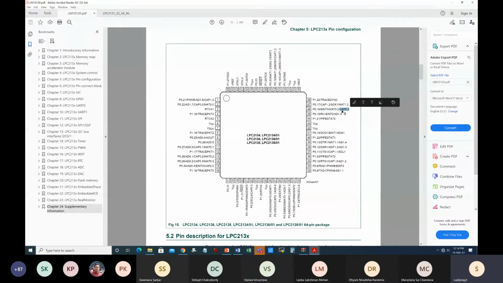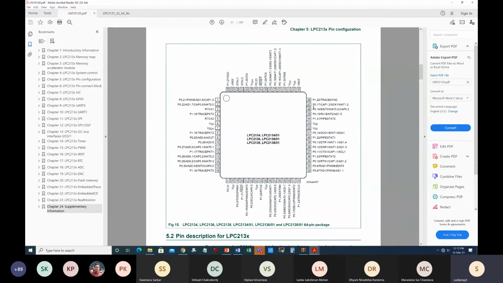You can see the description from the pin description chart. What I'm trying to say is that up to 3 alternate functions are present for any pin, along with the GPIO function. But there are some pins like P0.23 where only the GPIO function is present and no other alternate function, for example this pin number 58.